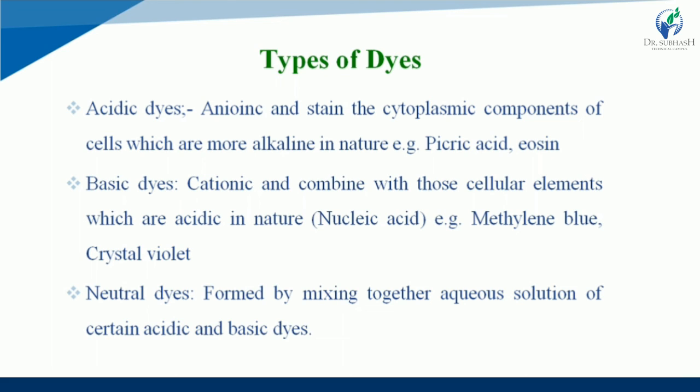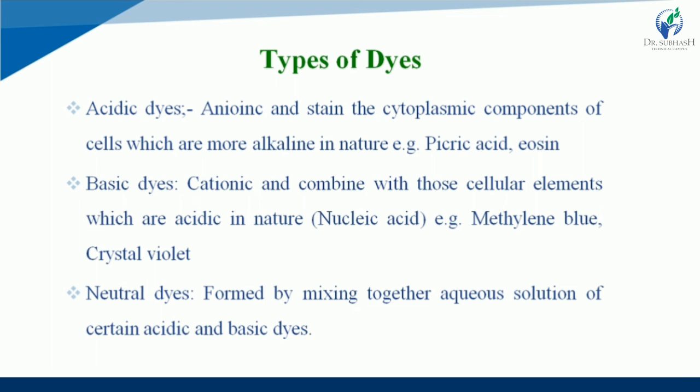Examples of acidic dyes are picric acid and eosin, while basic dyes are cationic in nature. They have a positive charge and combine with cellular elements that are acidic in nature. For example, basic dyes combine with nucleic acid, which is acidic in nature. Examples of basic dyes are methylene blue and crystal violet.